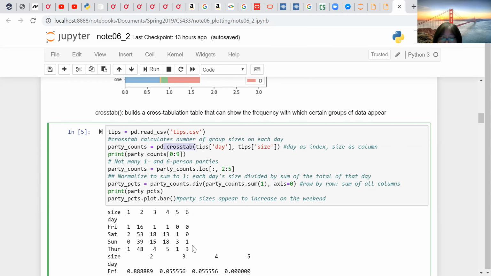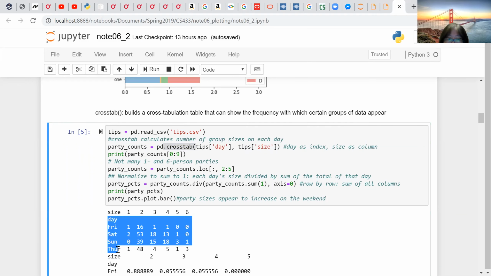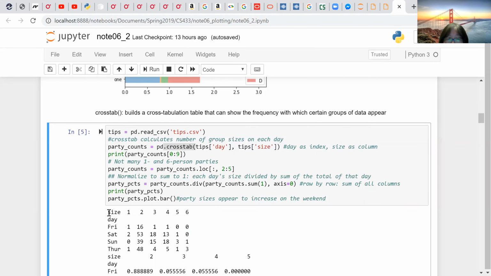And what we get as output, if you take a look here, is that the index is the day: Friday, Saturday, Sunday, and Thursday. And the columns are the size, the number of people in one group at which day go to that restaurant.